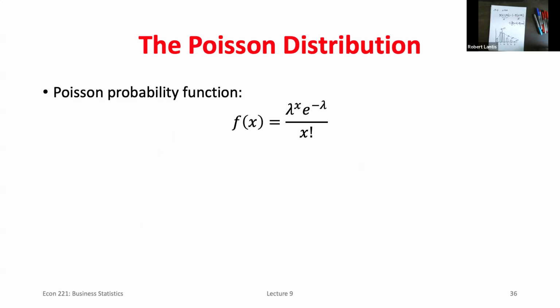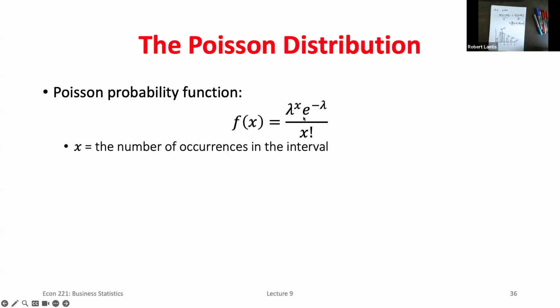So I'll show you the function, and then we'll work through some examples. Lambda here is simply going to represent the mean number of occurrences or successes we see over the time interval, like what the mean is, what the average is. X is the number of occurrences or successes we're interested in finding the probability of over that time interval. And then e, right?